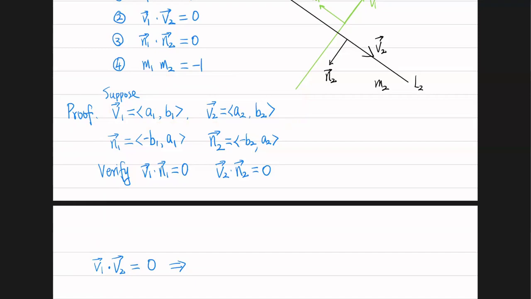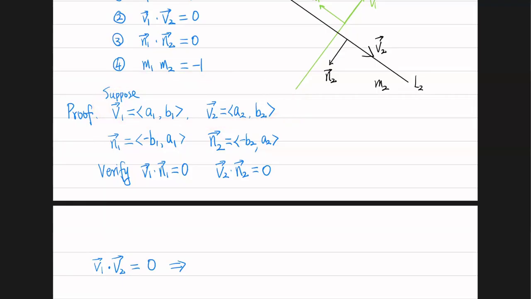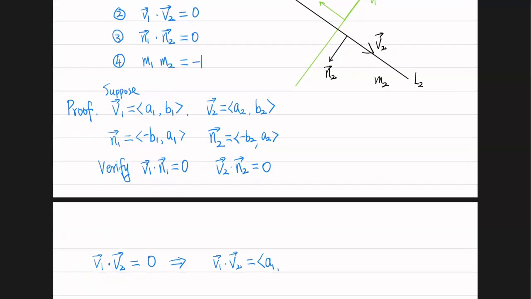I don't know. Think about it. You cannot say you don't know. I think you know. How do we do dot product?